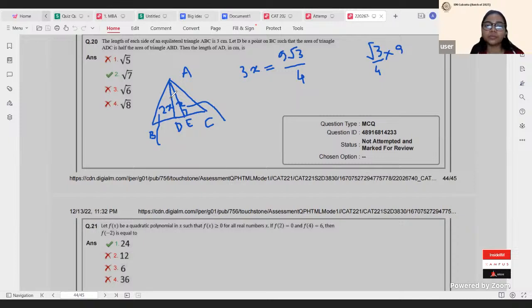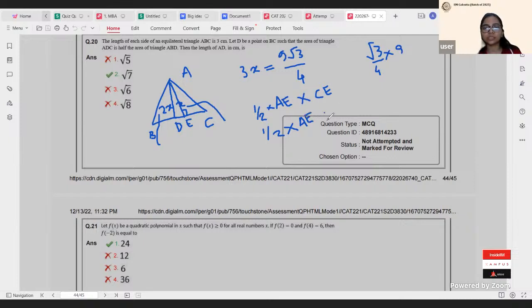That will bring about half of, so in order to calculate the area of AEC, we have half of AE into CE. CE is suppose x. And then we have half of AE into BE, where BE we can write as BC minus CE.